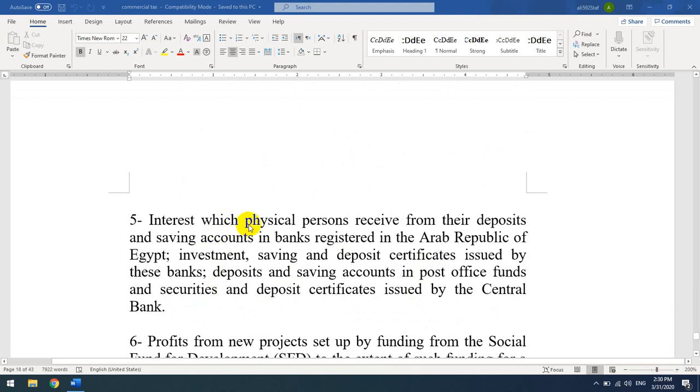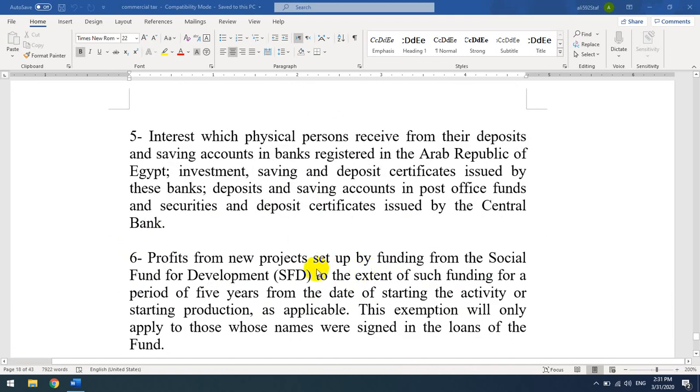Interest which a physical person receives from their deposits and saving accounts in banks in the Arab Republic of Egypt, in banks and in the social fund for development, and the saving deposit certificates issued by banks, and deposit and saving accounts in post office funds.